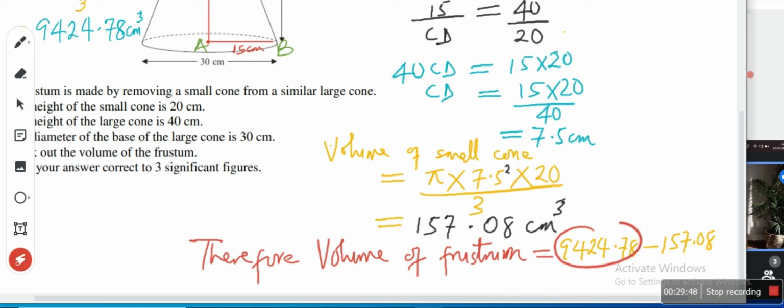We give the answer to 3 significant figures. That's why I'm leaving the working to more than 3 significant figures, so that the final answer will be in 3 significant figures.